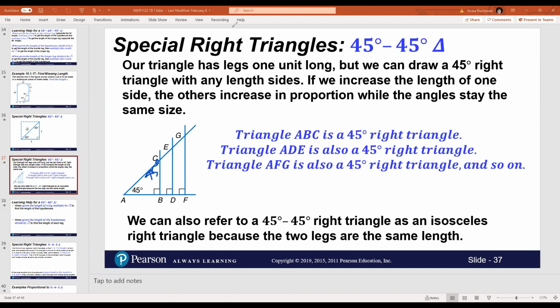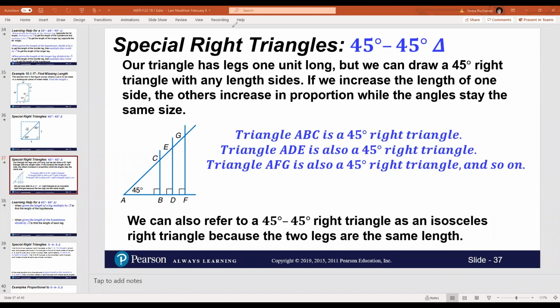It turns out that if you extend the leg, make the leg longer by the same length, of course, the angle, think about it, you're just looking at corresponding angles. The angle measurements don't change. This is still 45. This is still 45. So all three of these have the same angle relationships.